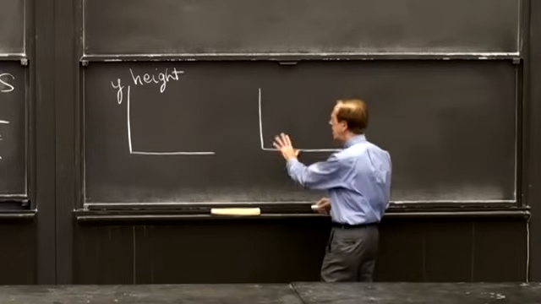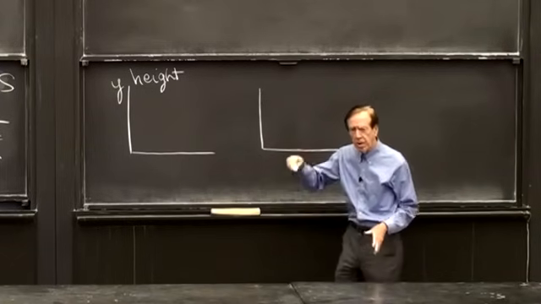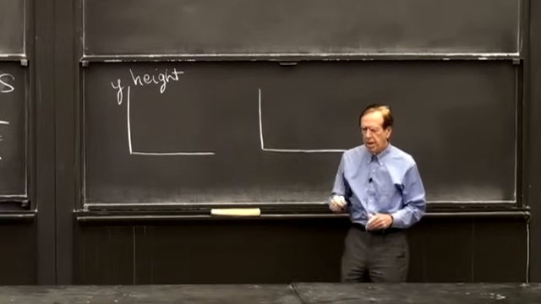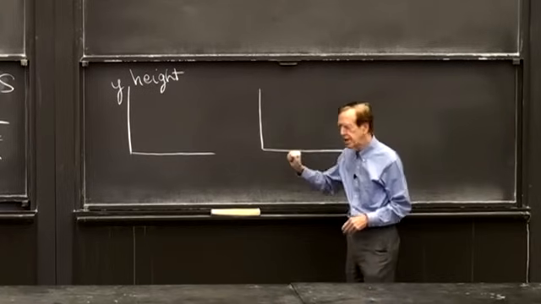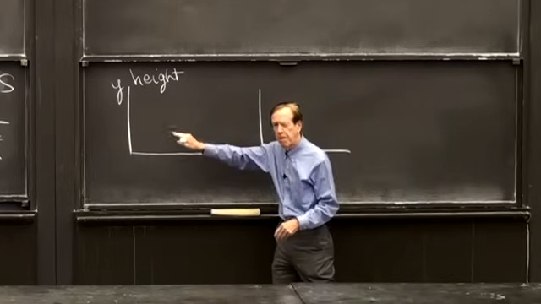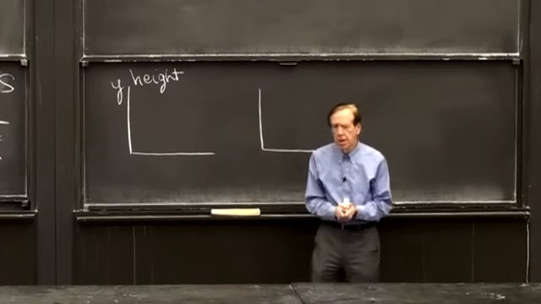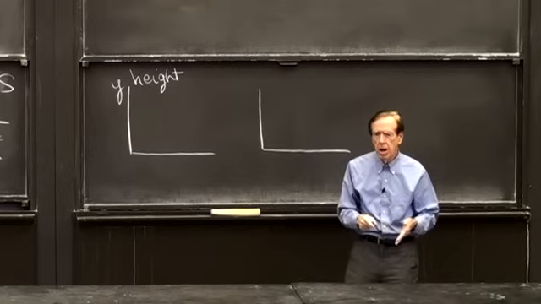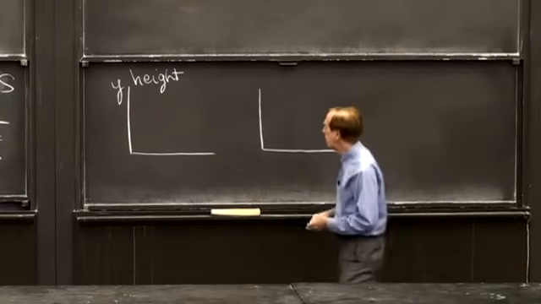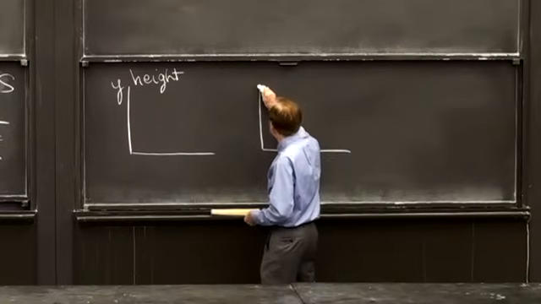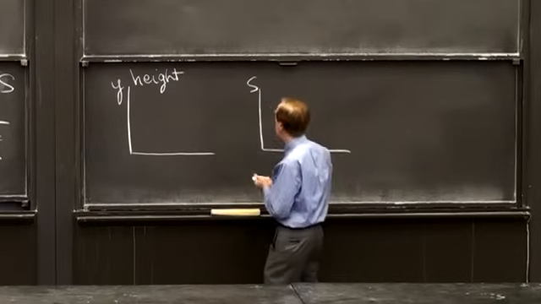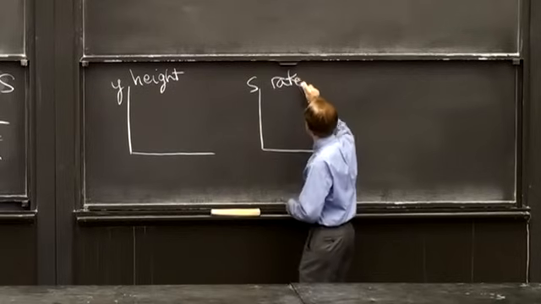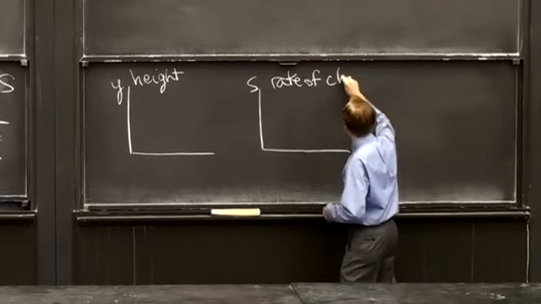And what is function 2? Well, slope doesn't seem quite right. The point about function 2 is it tells how fast function 1 changes. It's the rate of change of the height. So let me call it s, and it'll be the rate of change. Good if I use those words.